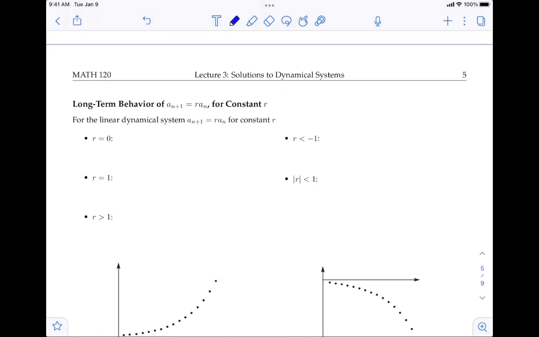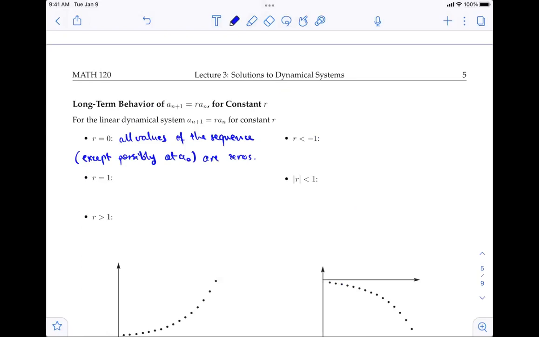That means all values of the sequence are going to be 0, except possibly at the initial data, a0.